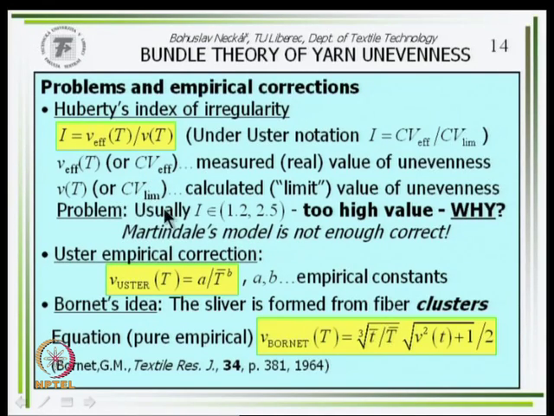The value of this index, based on practical experience, is in a large range from maybe 1.2 to 2.5 sometimes. It's a very high value. The difference between our theoretical result and the experimental result is very high. It is not 5%, but for example 50%, 80%, 100%. We calculate some value, and the reality is two times higher.